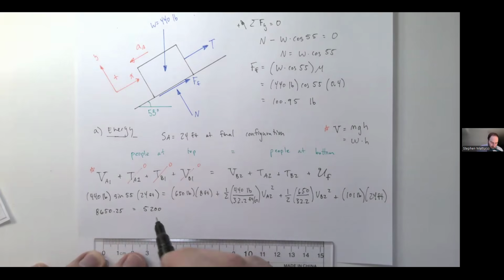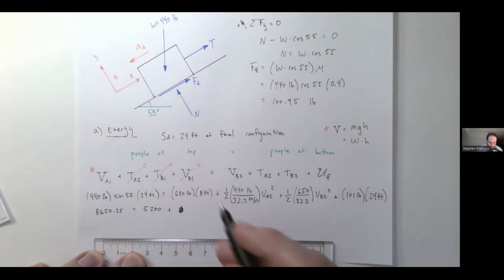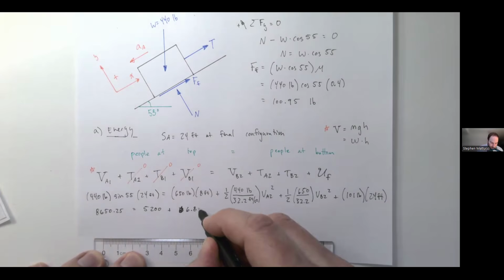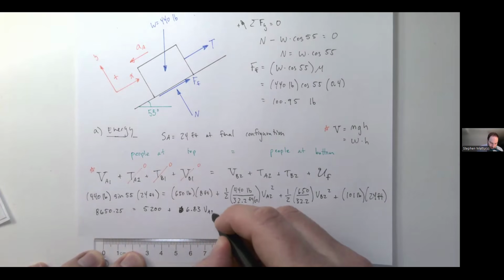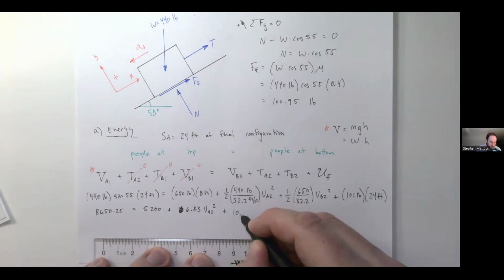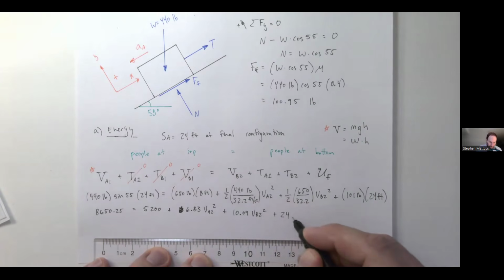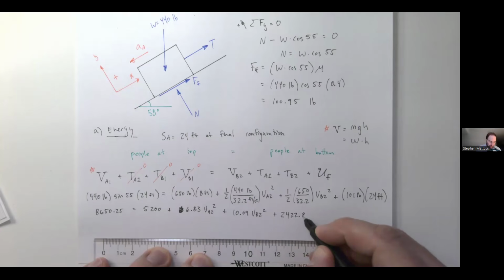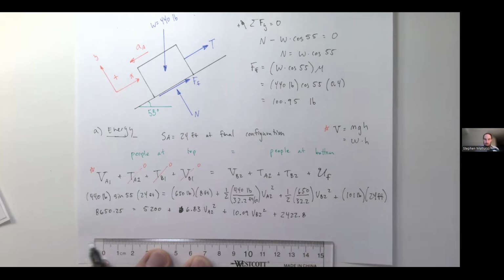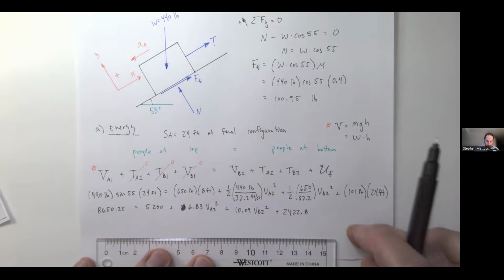It's equal to 5,200 plus 6.83 VA squared plus 10.09 VB squared plus 2,422.8. So I'm writing this all really small here because I've only got a couple lines and want to finish it on this sheet of paper.